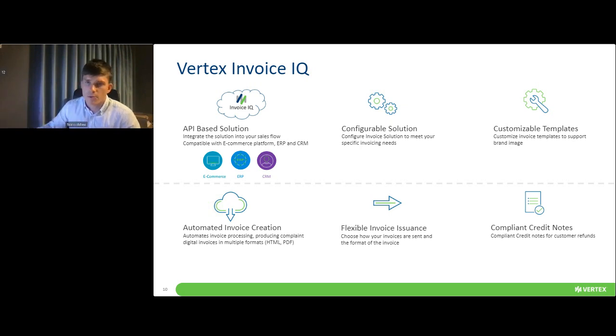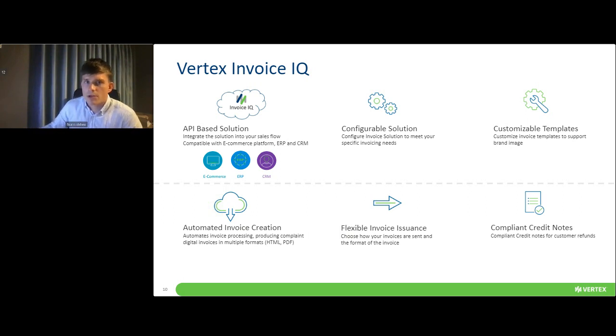We'll identify the region, identify the level of requirements that need to be applied, and spin up the correct and compliant invoice. Again, it's API-based, so whether you were looking to plug this directly into your e-commerce website, an e-commerce platform, ERP, or CRM, it's a simple API endpoint that is compatible with the various different platforms.